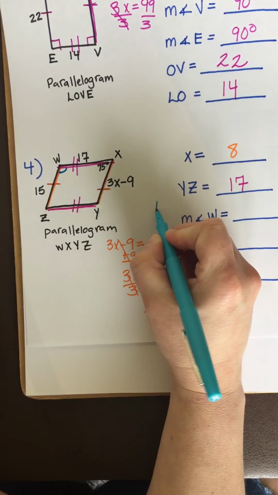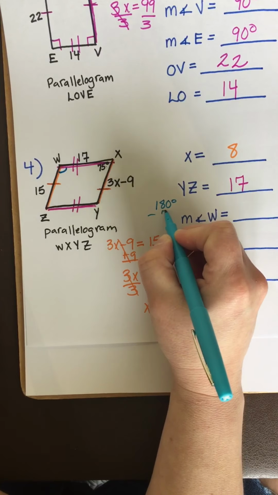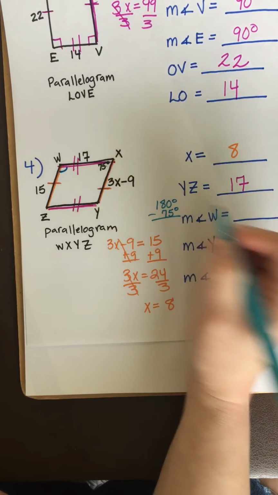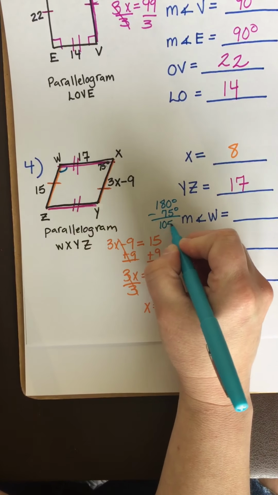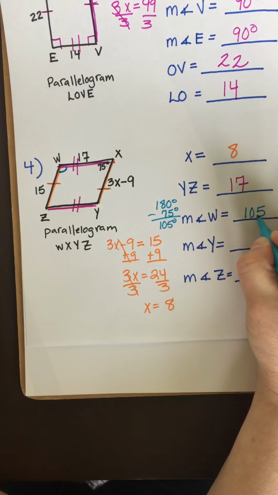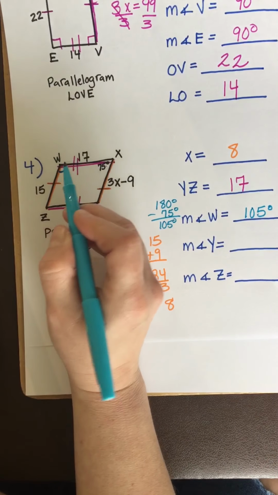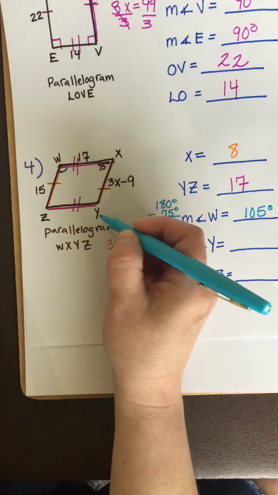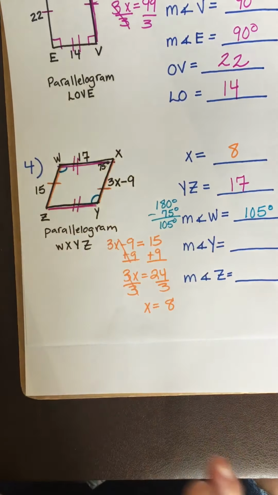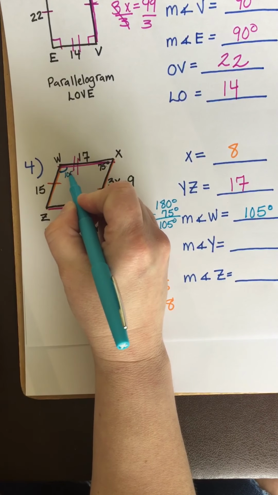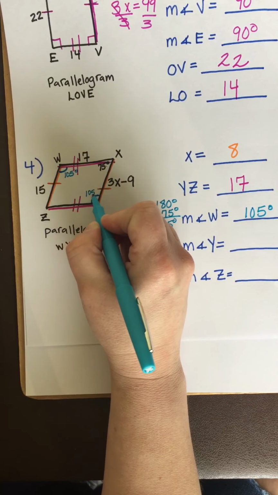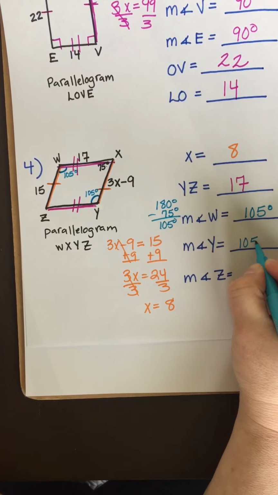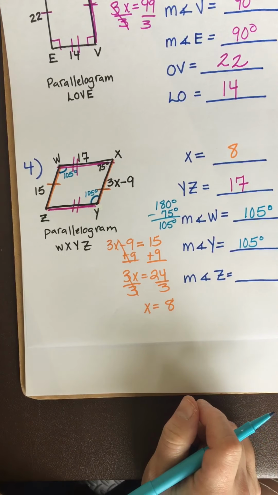So to find W, I'm just going to do 180 degrees minus 75 degrees, and we get 105 degrees. So since I know W is 105 degrees, just go straight across to that opposite angle. That means angle Y has to also be 105 degrees because opposite angles in a parallelogram are congruent.